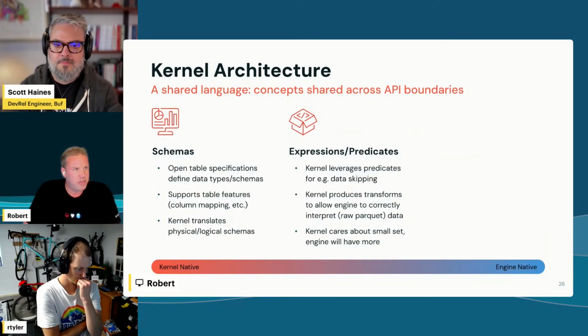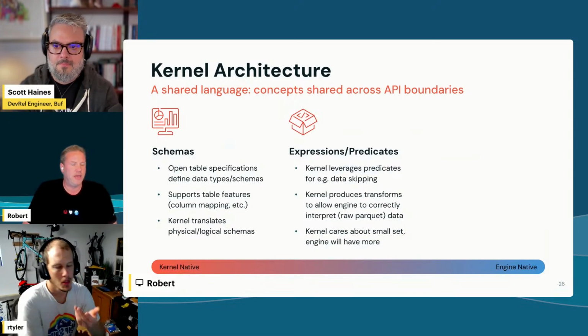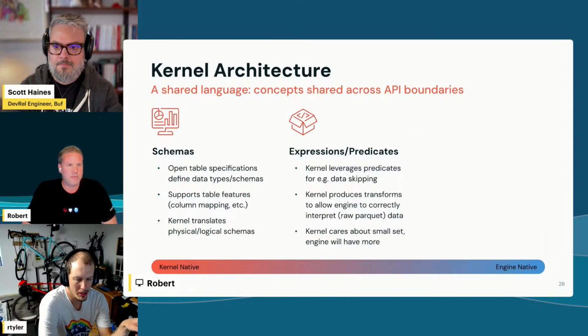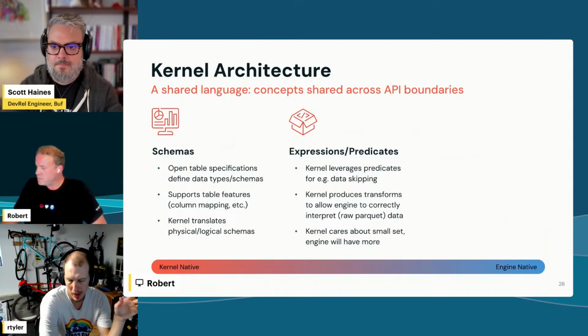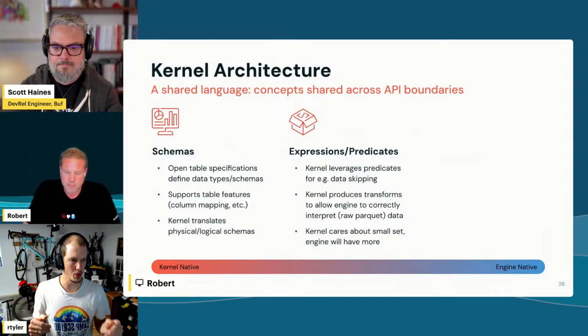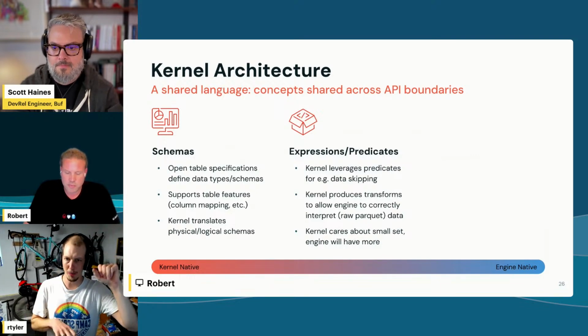Different engines support different kinds of functions, and it would be infeasible for kernel to define them. The closest parallel to what the kernel team has done here is LLVM, the compiler suite, where there is a front end and then there are compiler backends.